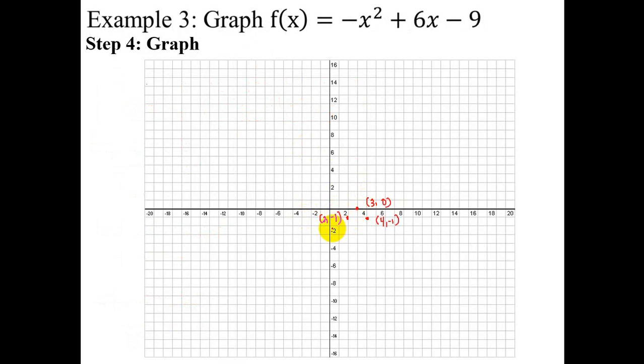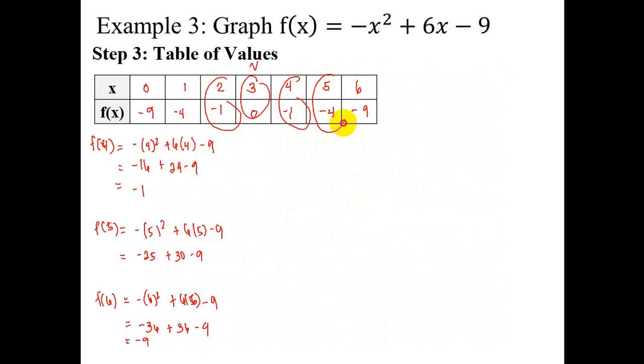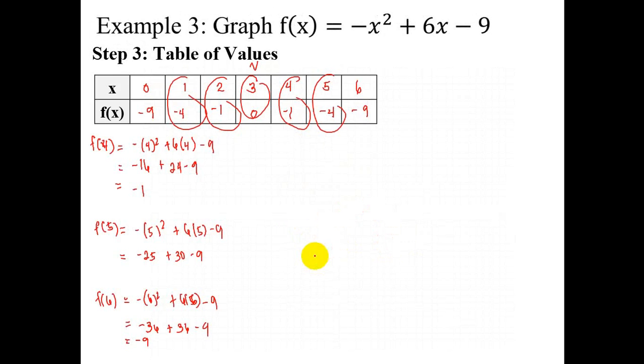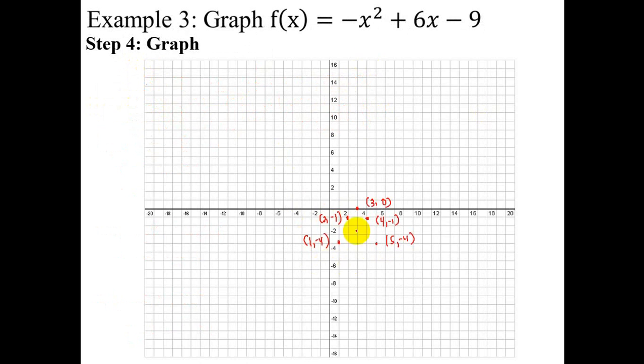Next, we have 5, negative 4 and 1, negative 4. So 5, negative 4, then 1, negative 4. Then we have 6, negative 9 and 0, negative 9. 6, negative 9, then 0, negative 9.